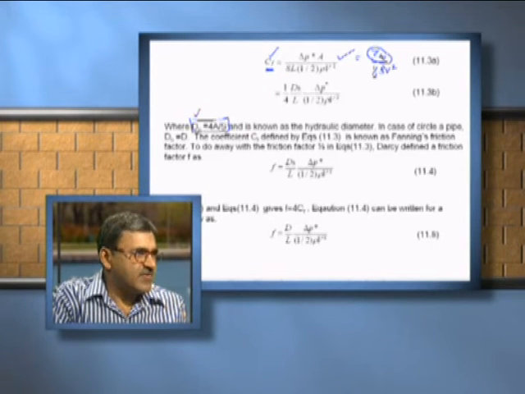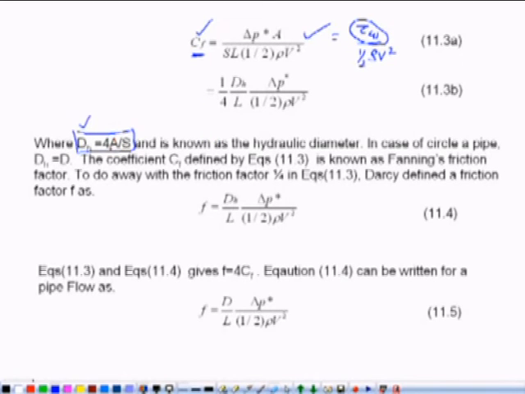This dH is known as hydraulic diameter, and hydraulic diameter is defined as 4 times the projected area divided by the perimeter S, 4A divided by perimeter S, right.